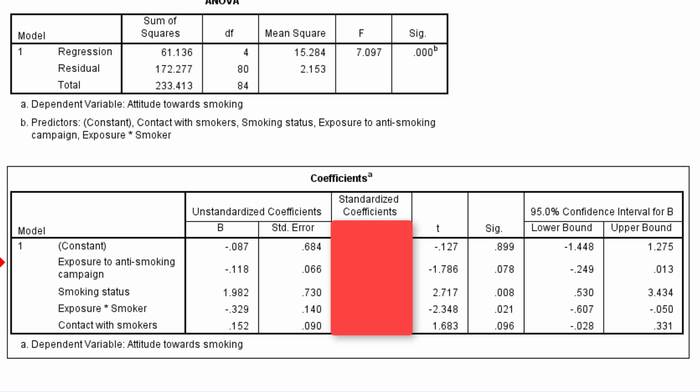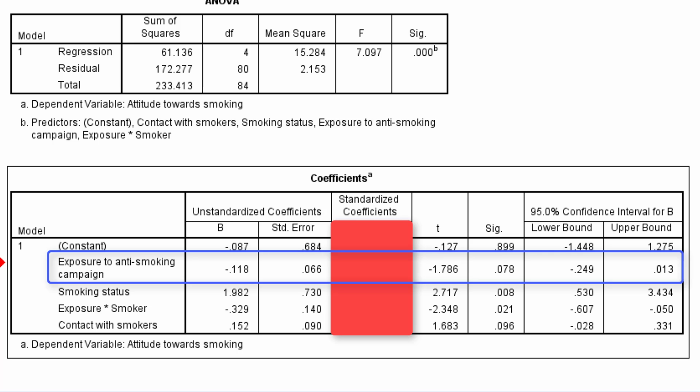Focusing on the unstandardized coefficients, we have minus 0.12 for the effect of exposure. Now you must understand that this is the effect for the reference category or the zero category on the moderator. So this is the slope of the regression line for the non-smokers who are coded 0 on the smoking status variable.